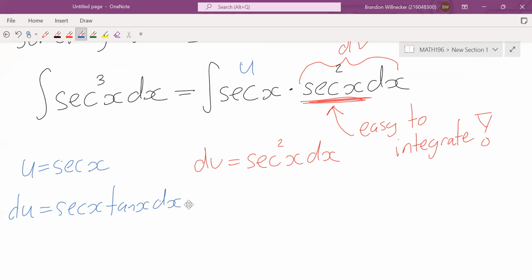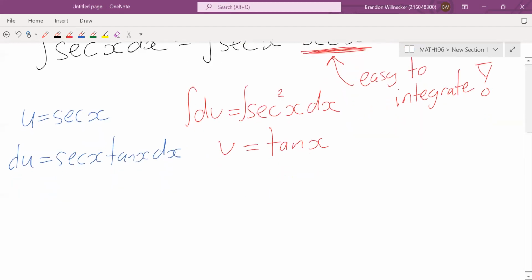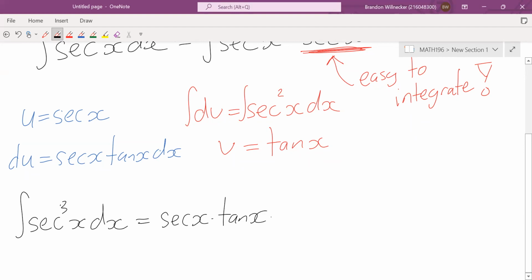That looks more complicated than what we started with, but let's carry on and see if we can make any progress. Now we need to integrate this, and we get v is equal to the integral of sec squared, which is tan. That's not more complicated, so it's looking better, but let's use our integration by parts formula to see if anything simplifies. The integral of sec cubed x dx is going to be u times v, so sec x times tan x, minus the integral of v du.